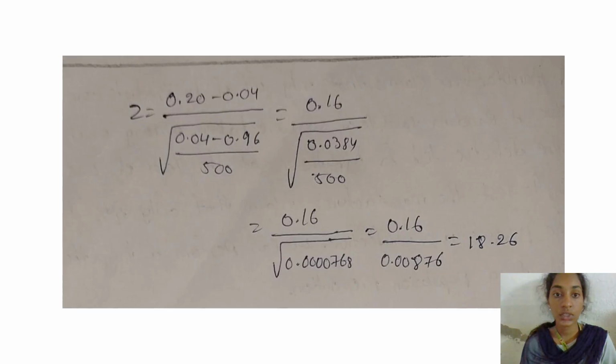Here 0.20 minus 0.04 equals 0.16, divided by the square root of 0.0384 divided by 500, which is 0.16 divided by the square root of 0.0000768. Taking the root, it becomes 0.16 divided by 0.0088, and the final answer is 18.26.